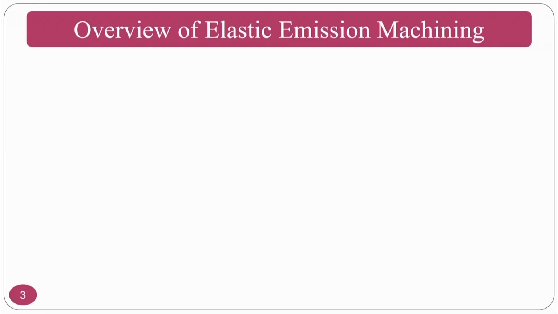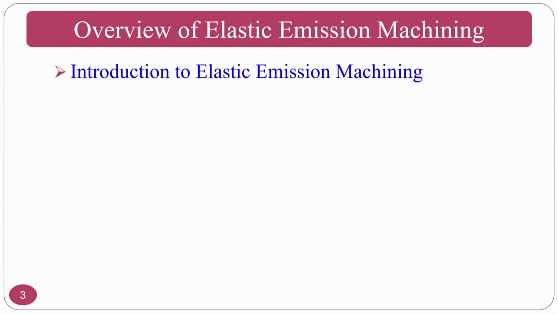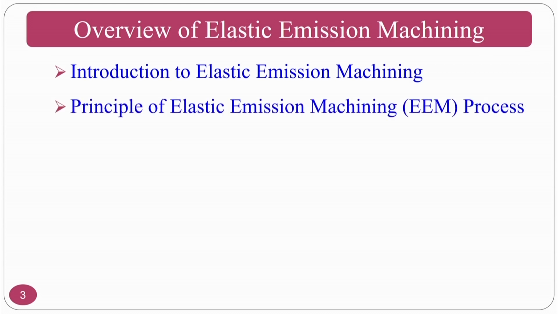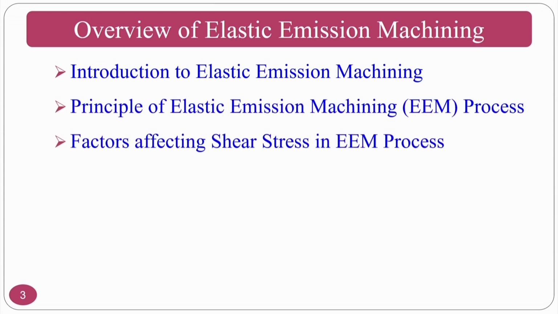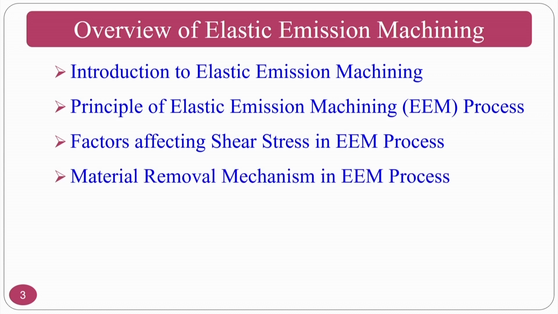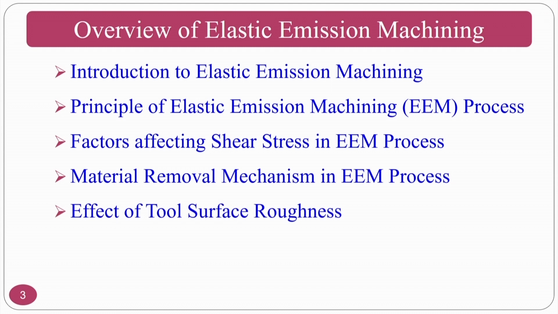So, in the overview of this elastic emission machining process, we will see the introduction, the principle of elastic emission machining, how the material removal rate occurs, and how the material removal mechanism takes place, factors affecting the shear stress in the elastic emission process, and the effect of tool surface roughness.